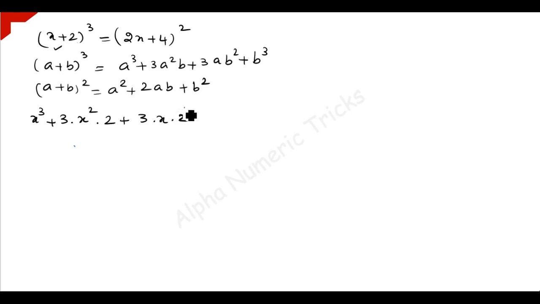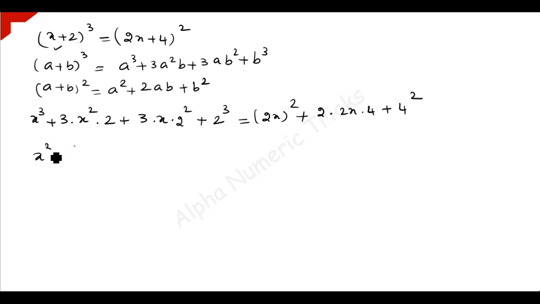So 2 squared we had to write, plus b here is 2 cube, is equal to, here you had to apply the a plus b whole square formula: 2x the whole squared plus 2 times 2x times 4 plus 4 squared.